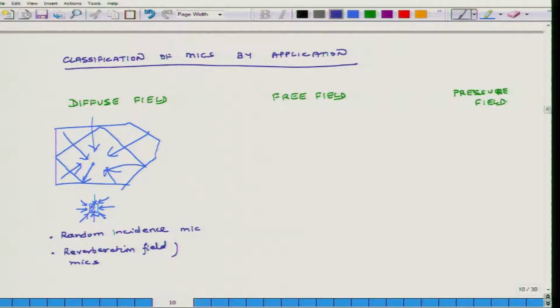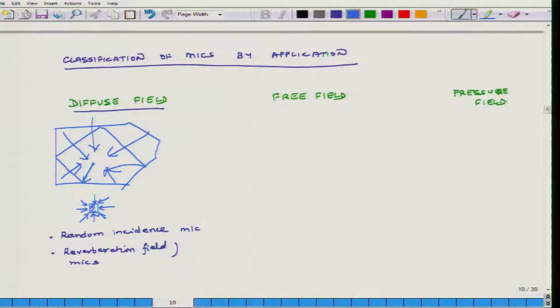Okay. So, this is one category of microphones, which is diffuse field microphone. The second category of microphone is known as free field microphone. Now, what is free field? So, imagine that you have in air there is a bird which is chirping, and maybe 50 meters away from there in the air you want to see how much sound is coming from that bird.